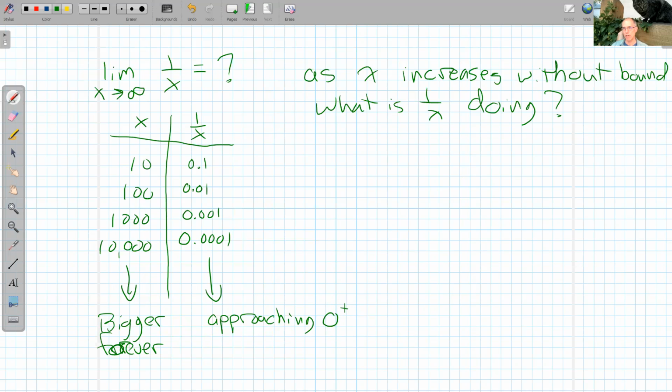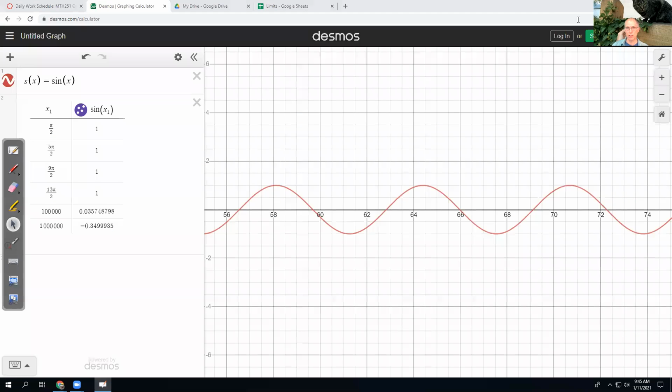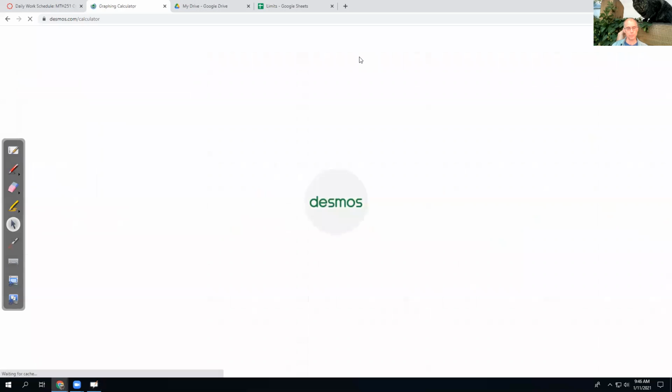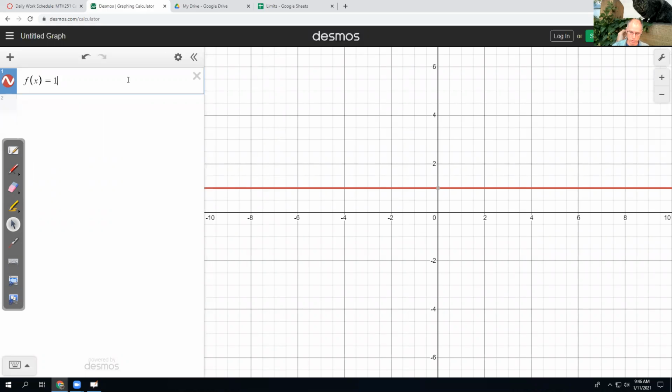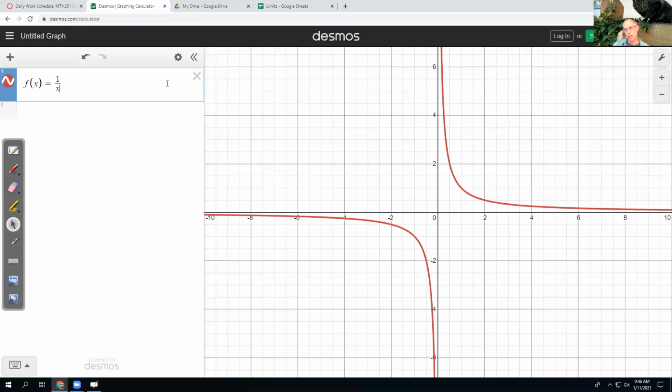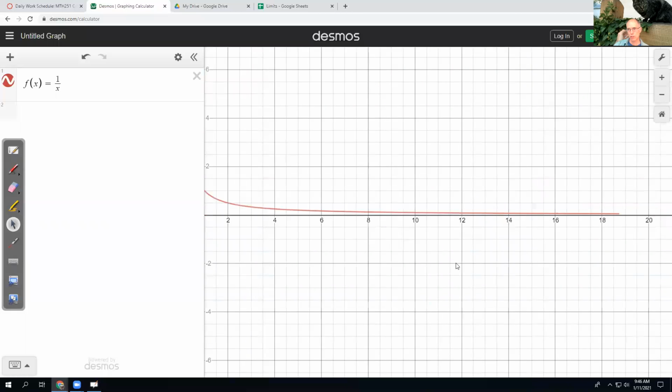And we know what this graph looks like. You've studied it. And we're plugging in bigger and bigger numbers here as we move out.